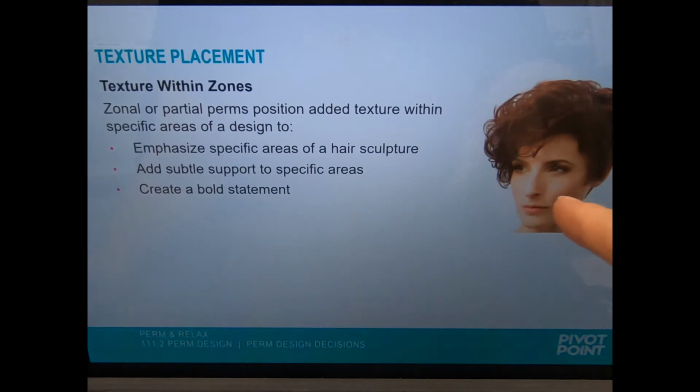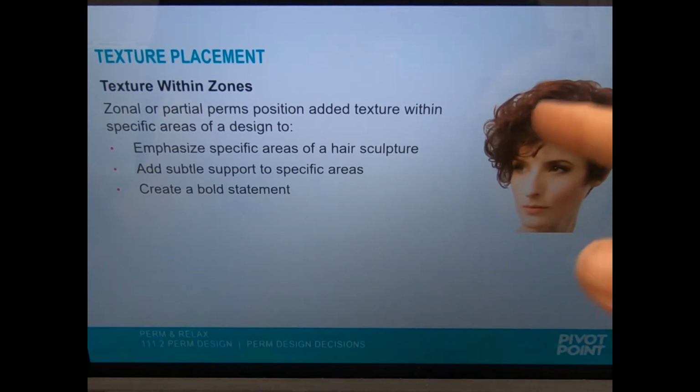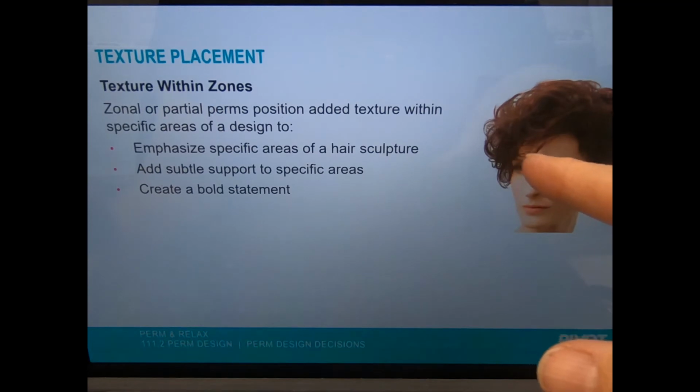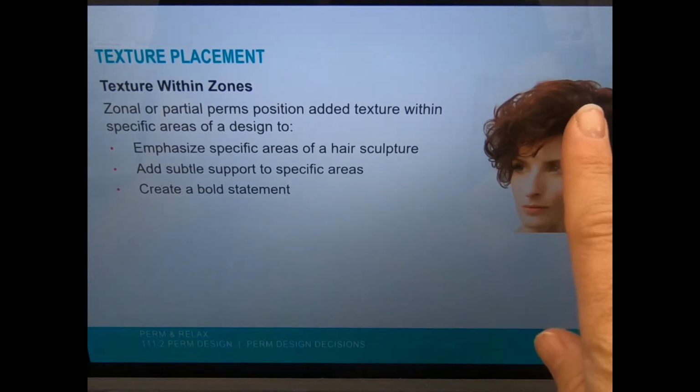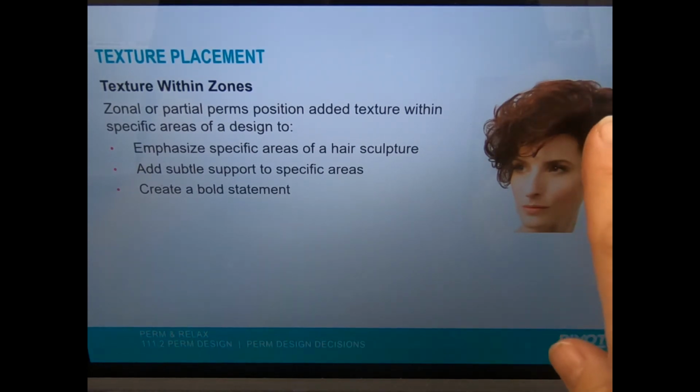Okay, you'll get a lot of partial perms where people wear their hair short, but they want some lift and some style. It will support their style up there, whatever they do to it if they get a perm. So you will only be perming certain parts of the head, so zonal. Where you blend into the straight hair, if there's straight hair and then there's curly hair, and you don't want it to be a contrast, you're going to want to put those rods in their candlestick.